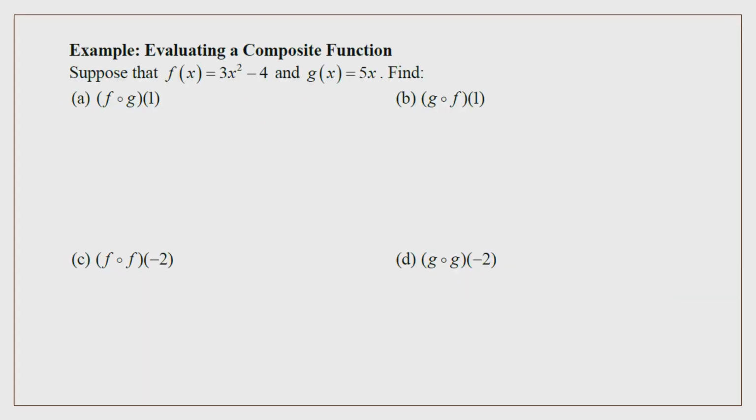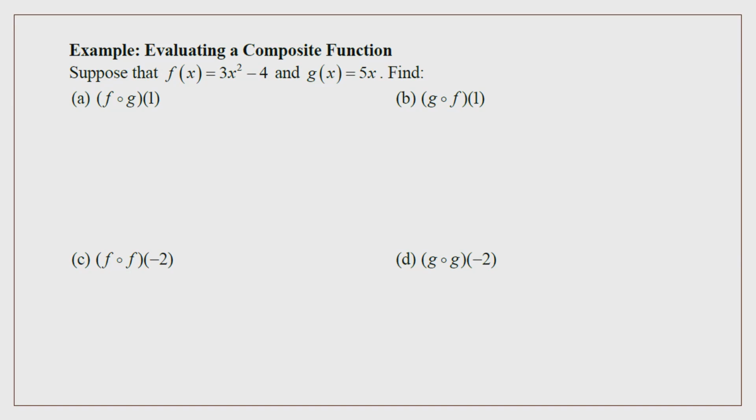So now we're going to evaluate a composite function. Suppose f of x equals 3x squared minus 4 and g of x equals 5x. We are asked to find the following. For a, we have f composed with g, and we're trying to evaluate it at the number 1.